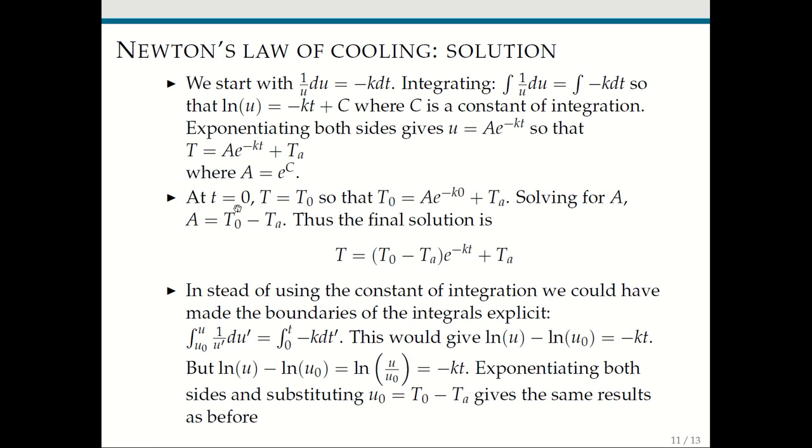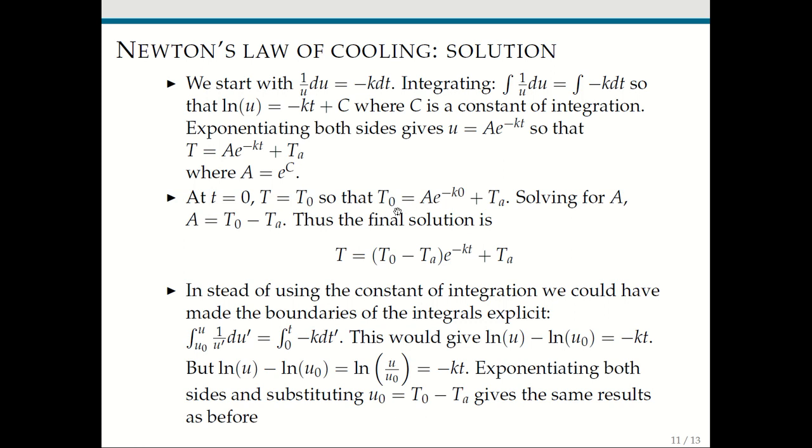I told you that at time t equal to 0, the temperature is some temperature T0. So if I take this value and plug it in here, and plug in 0 for the time, I get T0 equals a e to the minus k times 0 plus Ta. Now, e to the minus k times 0 is e to the 0, which is 1.